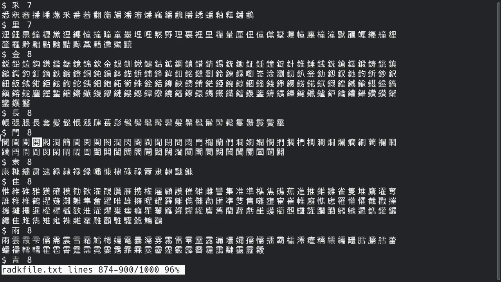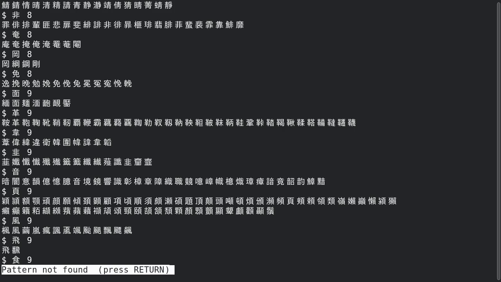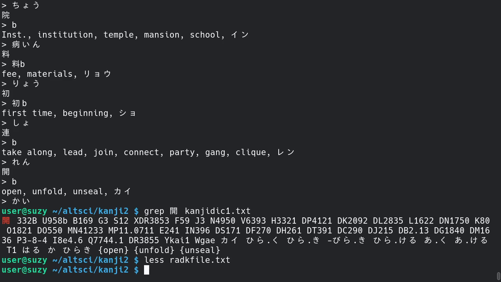Yeah, so you can see that all the ones with this are in this radical. And I've got a programmatic interface to this file. It lets me do all kinds of cool things with it. So, yeah, is that it? I think that's it.